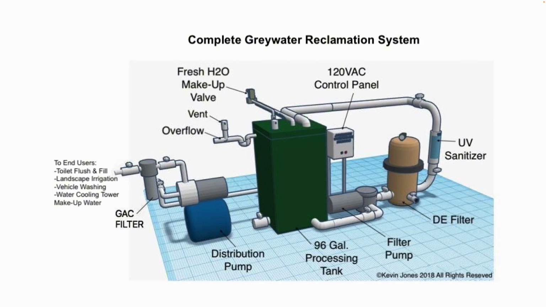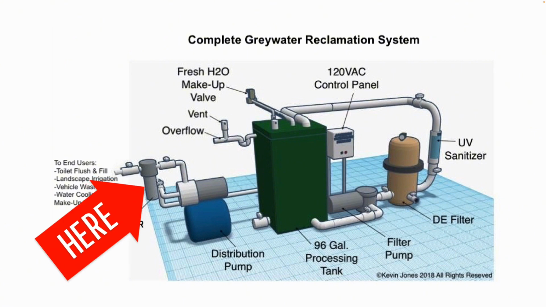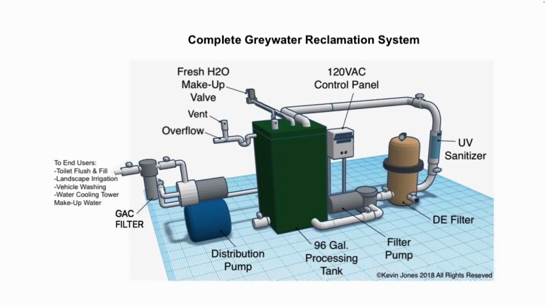And then the water from your processing tank is then pumped to fill and flush your toilets, irrigate your landscaping, vehicle washing, etc. And you can see there's also a final polish filter on the outlet pipe here of the distribution pump, a granular activated carbon filter.